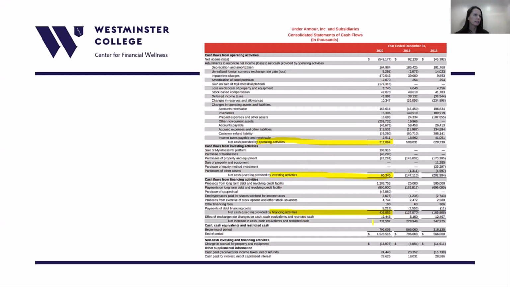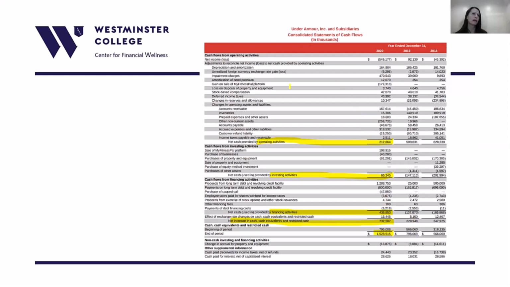Here's our net cash increase or decrease. Then this shows us what we had at the beginning. We had 796, we had the 732, and we now at the end of the year have about 1.5 billion, I guess this would be, in cash for Under Armour.